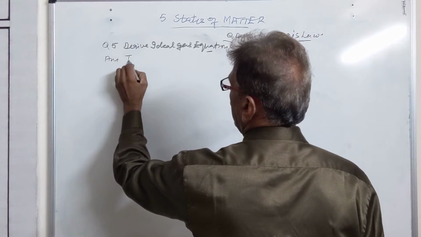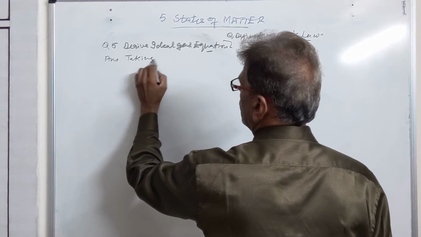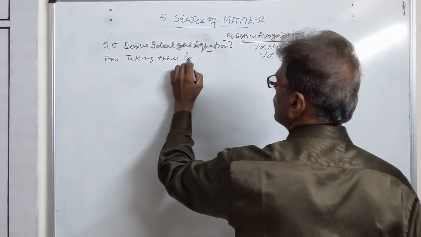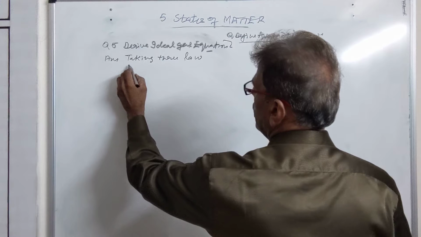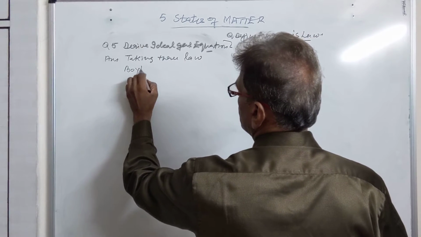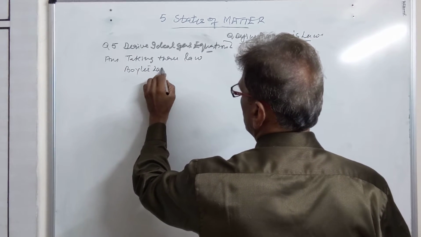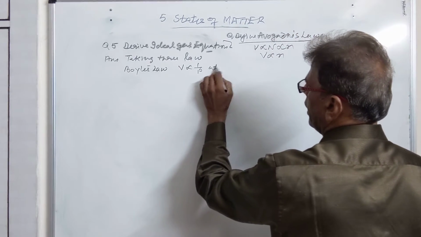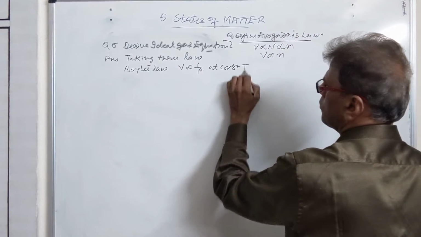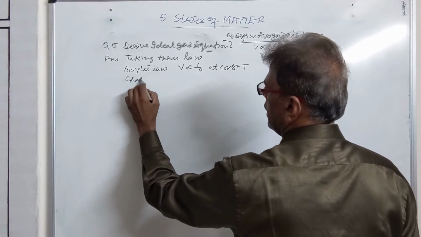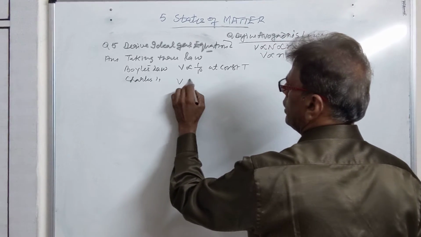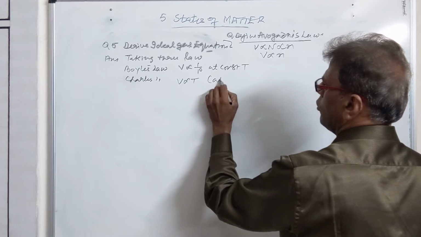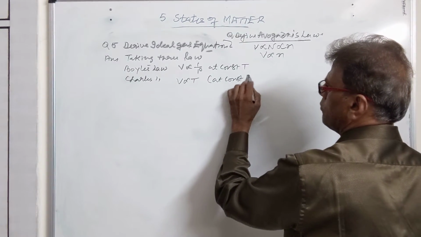So taking three laws, first of all we know Boyle's law. It states that V is inversely proportional to pressure at constant temperature. And Charles law states V is directly proportional to temperature at constant pressure.